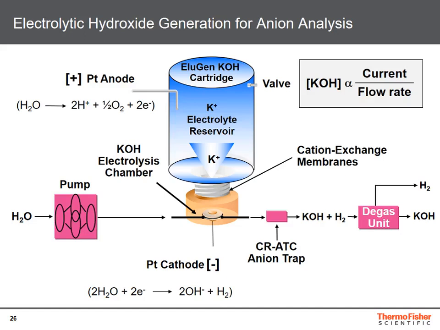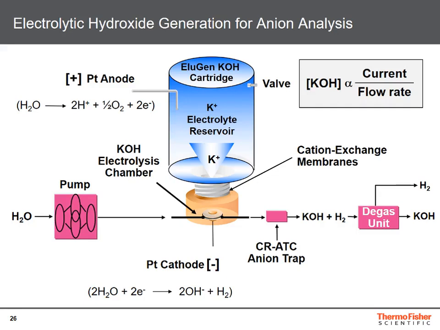If we are now pumping ultra-pure deionized water into this electrolysis chamber and apply an electric field between the two electrodes, the potassium ions start migrating under the influence of such electric field through the cation exchange membranes into the electrolysis chamber, where they pick up hydroxide ions generated at the cathode.